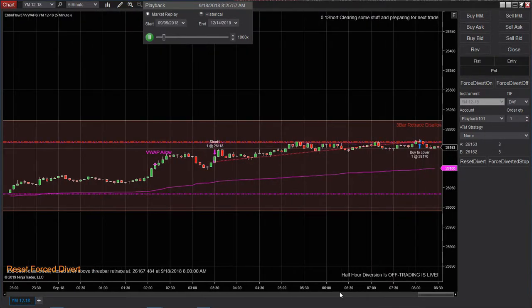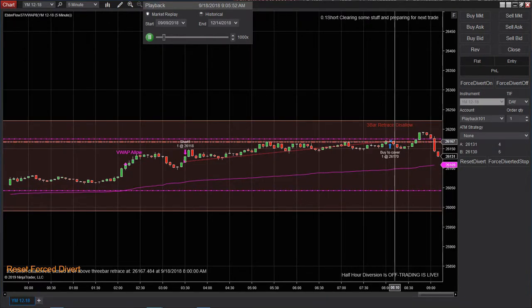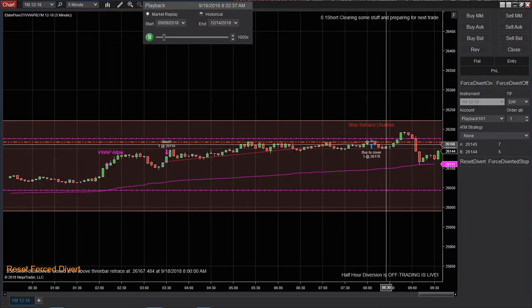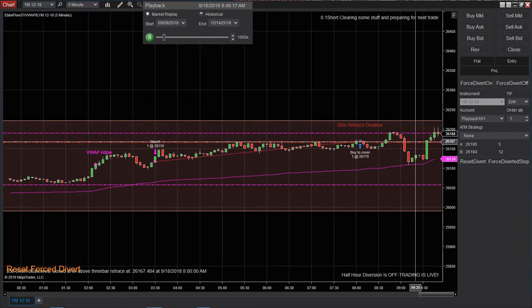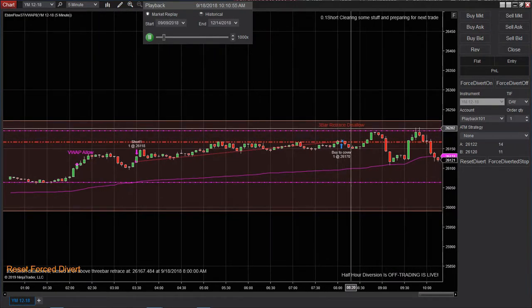Okay, it was not a good one. So it then went above the retrace and stopped us out. We got stopped out. Now, being that it went above the retrace, that disallowed trading. We see the 3-bar retrace disallow.